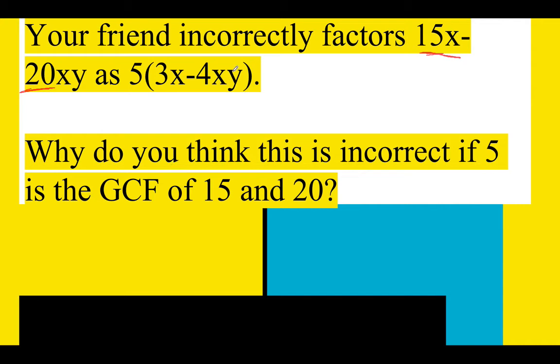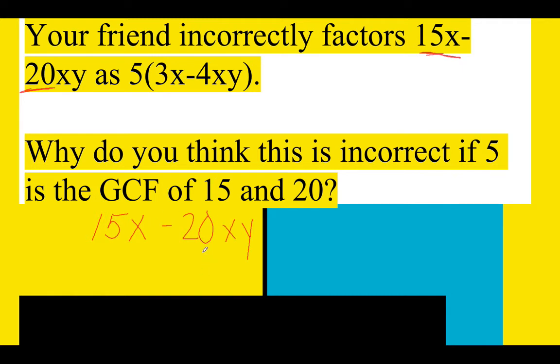Right, so we are definitely looking at the 5, but there's another piece. There is another piece of this that is in common, right? Originally, we were looking at 15 times x minus 20 times xy, right? And we're looking for what's in common. What can be pulled out of both of these? What can be divided?